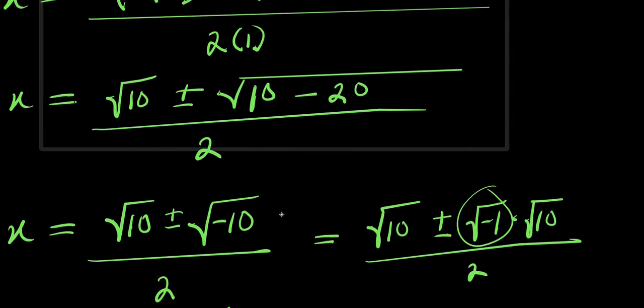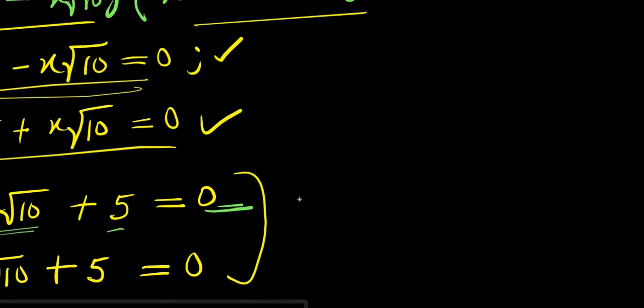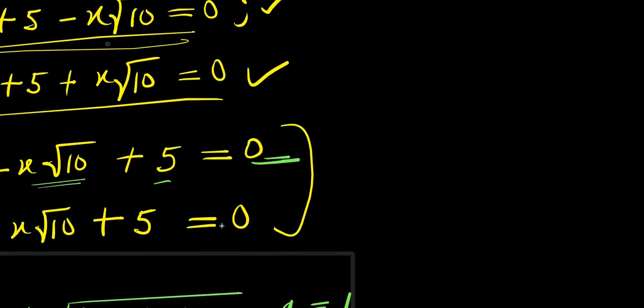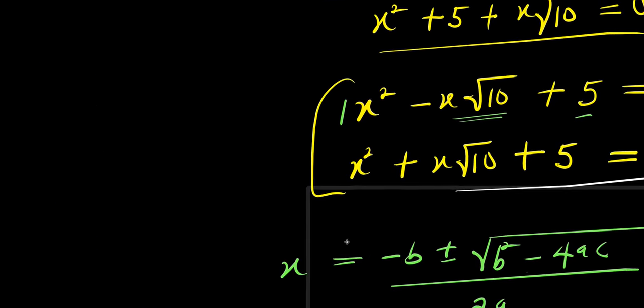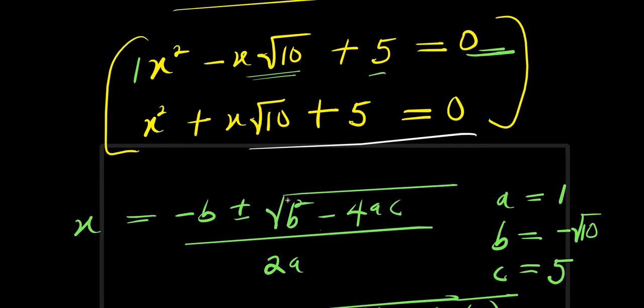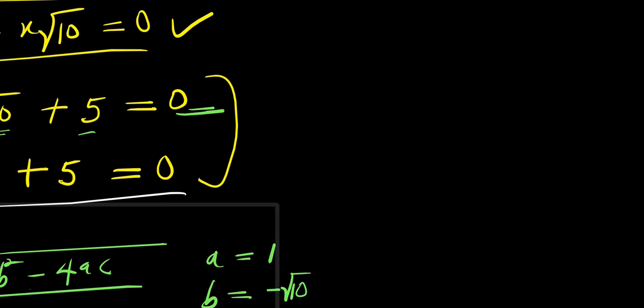Now, let's solve for x3 and x4 using this part of the equation here: x squared plus x times root 10 plus 5 equals 0.